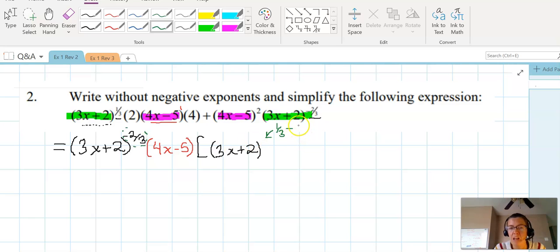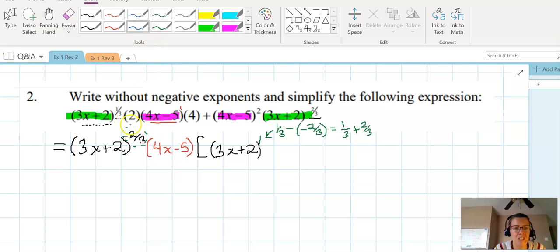Subtracting a negative is the same as 1/3 plus 2/3, so that's 3/3 or 1. So the remaining power for 3x plus 2 is the first power.